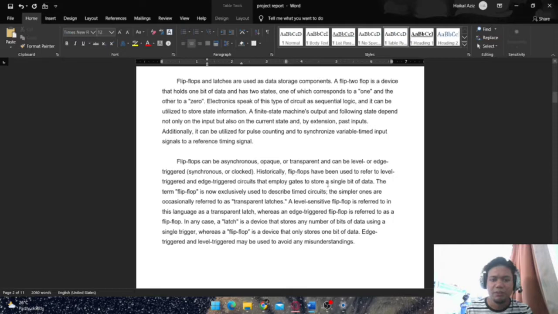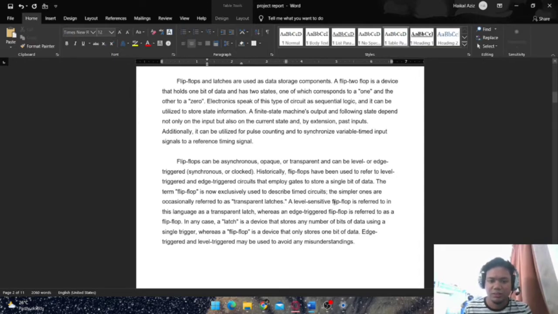Historically, flip-flop has been used to refer to level-triggered and edge-triggered circuits that employ gates to store a single bit of data. The term flip-flop is now exclusively used to describe clocked circuits. The simplest one is occasionally referred to as a transparent latch.